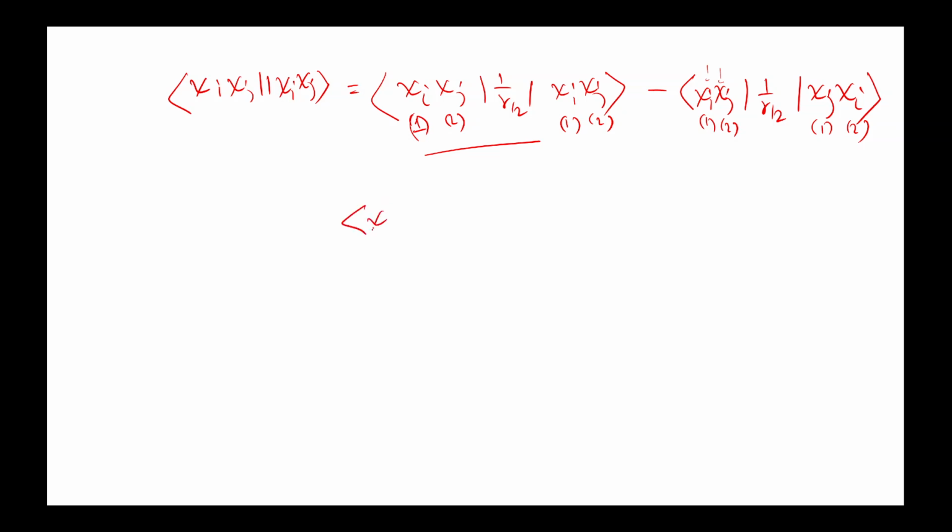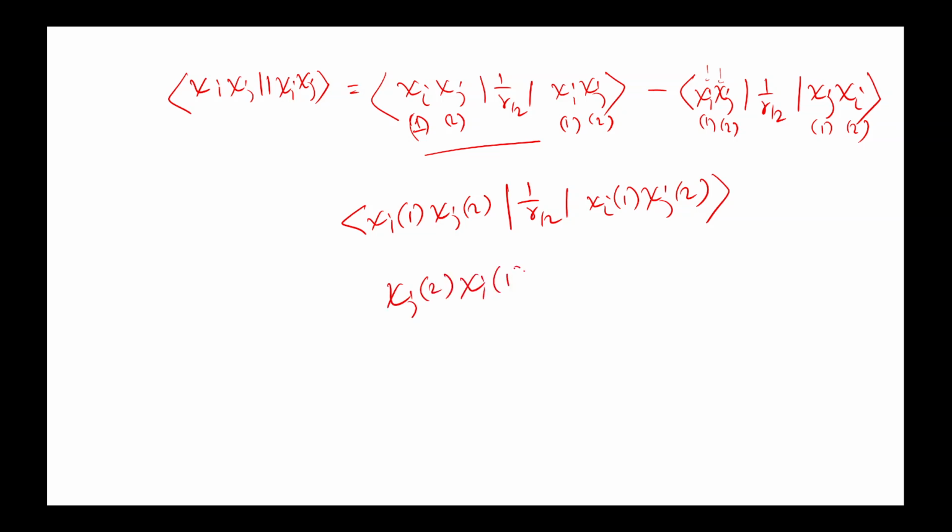So let's write it explicitly. Maybe I'm not getting your question. So this term is J12, I guess. If we just write J21, you want me to write it in this fashion?